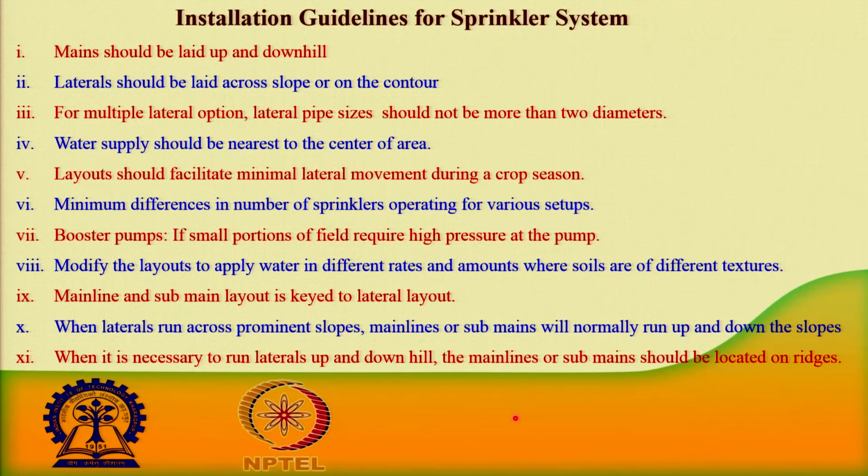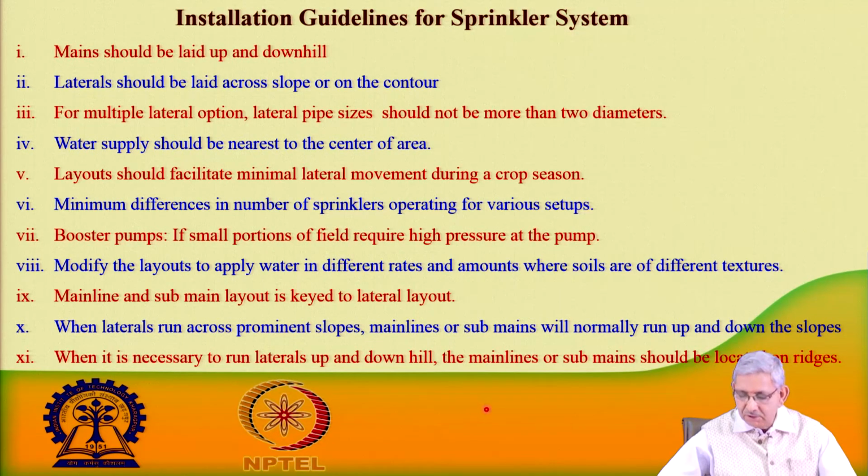This is what I was showing you in the last layout, layout F, where there were 2 main pipelines at the corners of the field, on both sides of the field, and then laterals were attached.